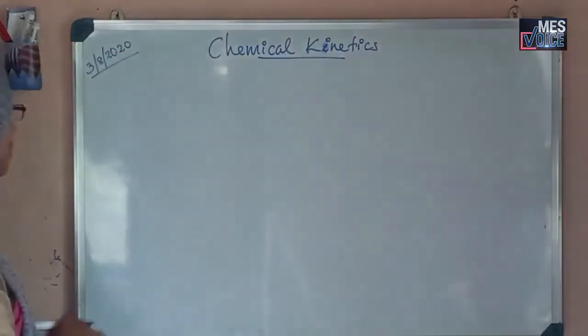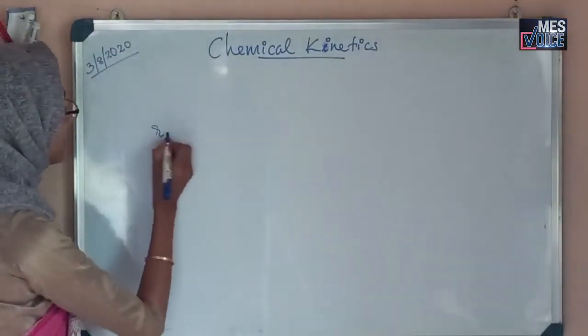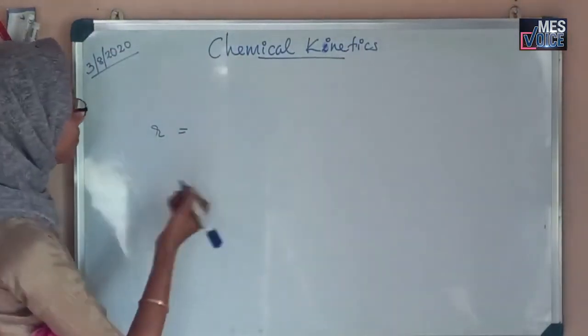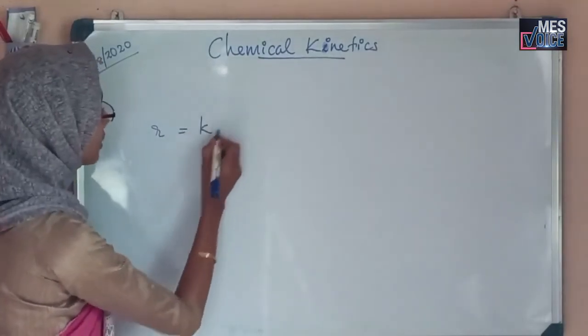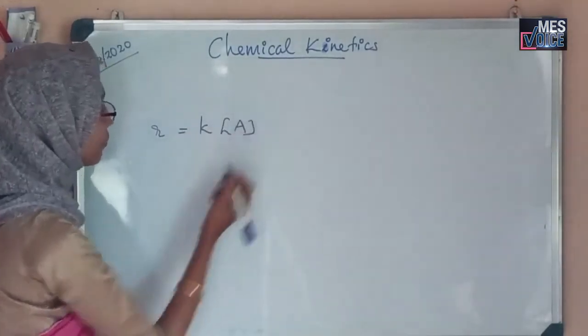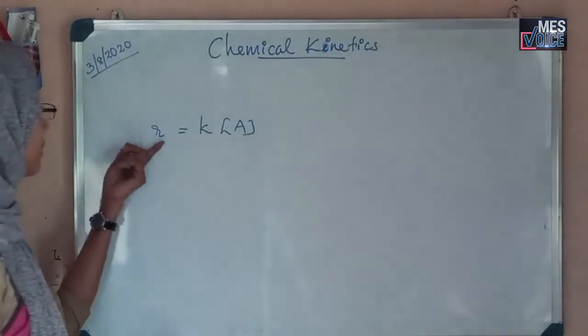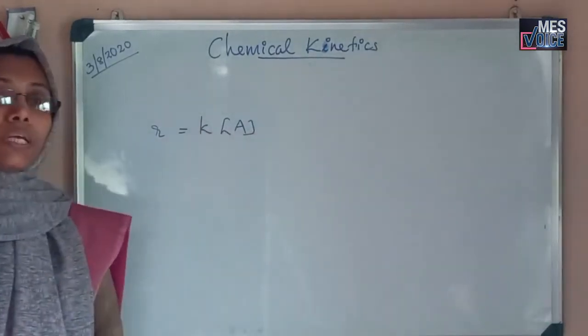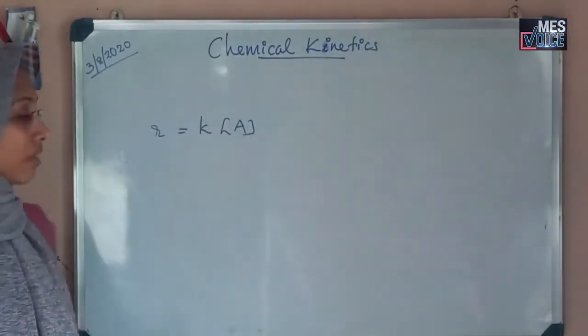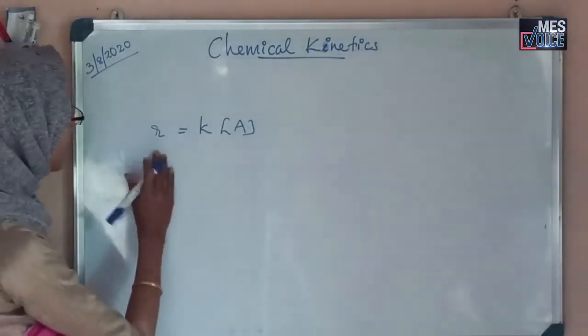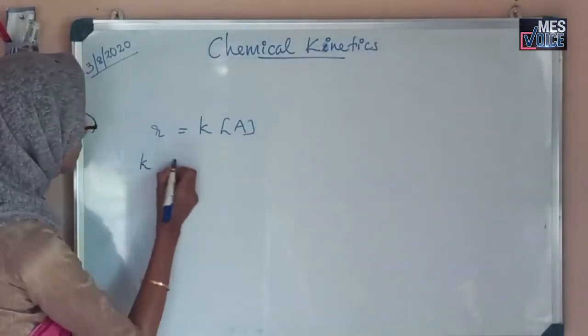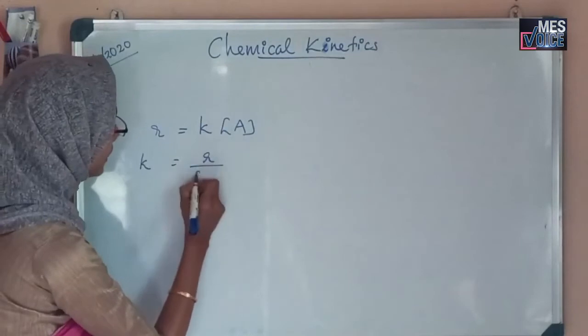Unit of rate constant. We know that for a first order reaction, rate is equal to k into the concentration of the reactant, that is the molar concentration of the reactant. Suppose k is equal to r by [A].